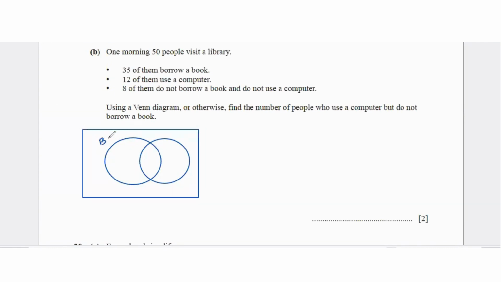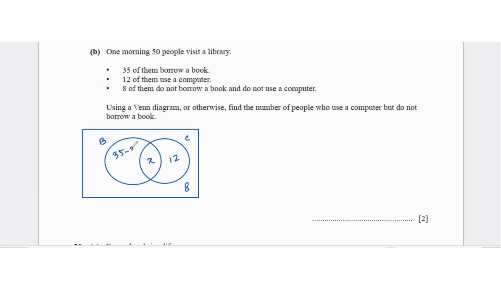This is for the book, this is for the computer. So 35 of them borrow a book and 12 of them use a computer. 8 of them don't do either.